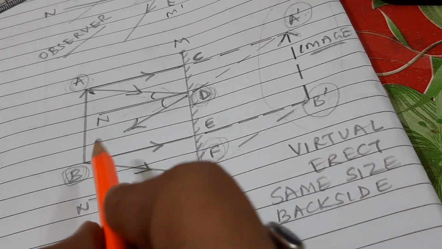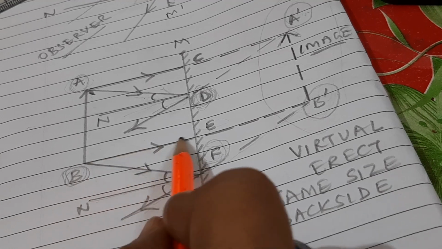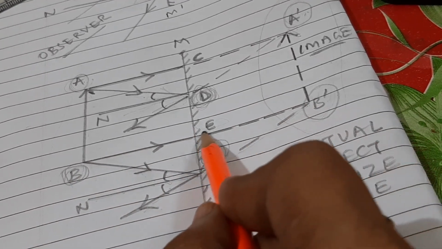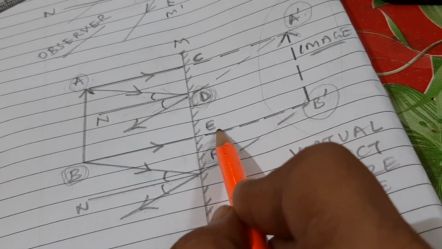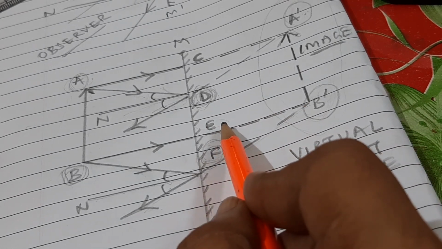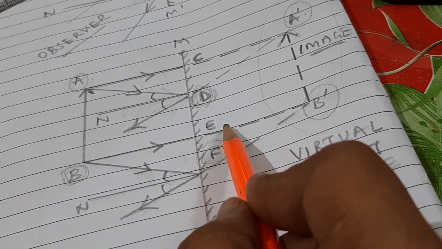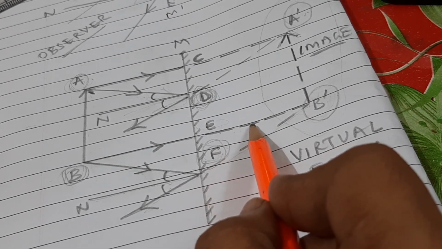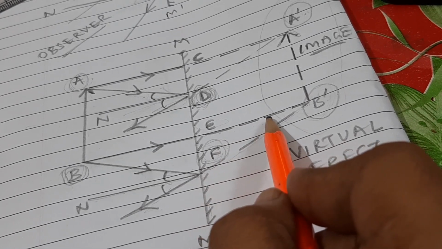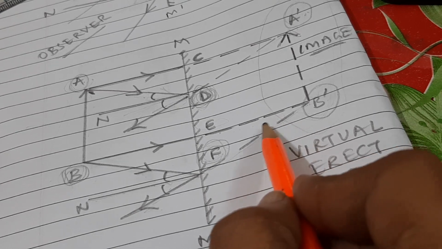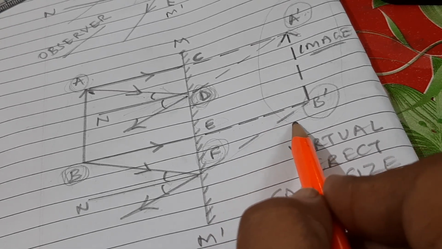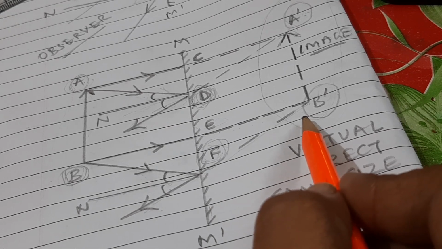And we also observe that the distance of the object from the mirror and the distance of the virtual image from the mirror is the same. So we can say that the image formed by a plane mirror is virtual, erect, and the size of the image formed by a plane mirror is equal to that of the object, and the image formed in a plane mirror is at the same distance behind the mirror as the object is in front of the mirror.